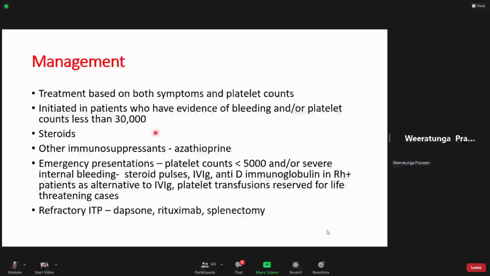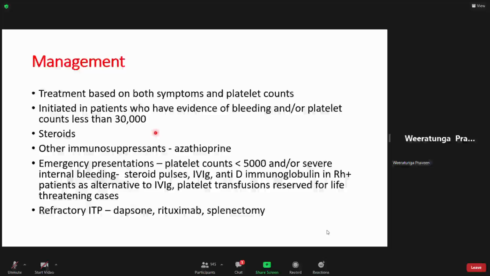Essentially when you have chronic ITP, treatment is initiated based on their symptoms and their platelet counts. Usually most of them start bleeding with a platelet count less than 30,000. The treatment of choice is steroids. But sometimes you have emergency presentations where they have life-threatening bleeding.